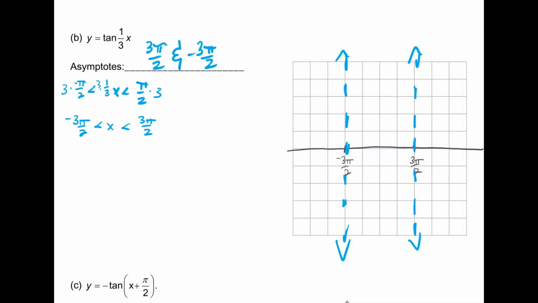So make sure it's logical. Do it yourself. Halfway between negative 3 pi over 2 and 3 pi over 2 is going to be 0 because they're literally opposites of each other. And then halfway between 3 pi over 2 and 0 is just half of 3 pi over 2, so that's going to be 3 pi over 4.